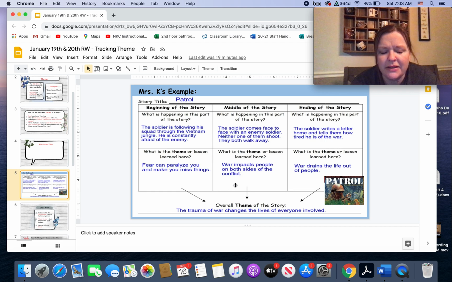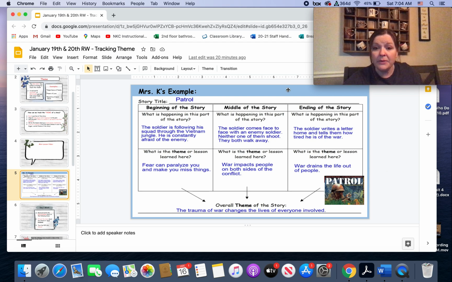So I think it really shows that war impacts people on both sides of the conflict, no matter who's right or wrong in different people's eyes, that war is just going to really affect you no matter who you are, because both of those soldiers didn't want to be there. They both were just human, probably young men, and they didn't want to kill each other. And so it really impacted both of them, not just my main character from the American side.